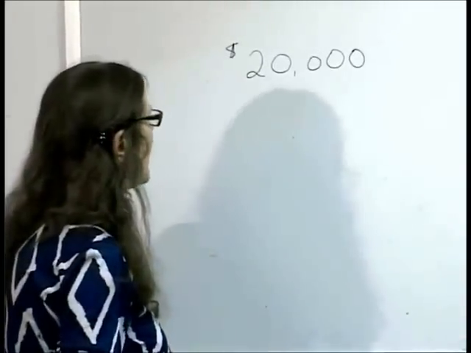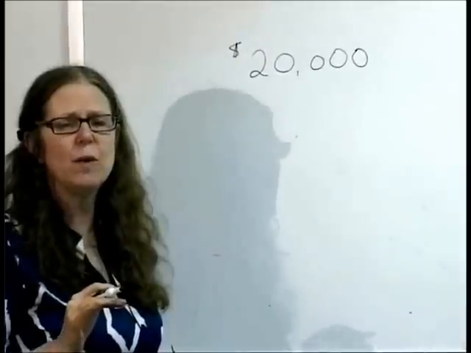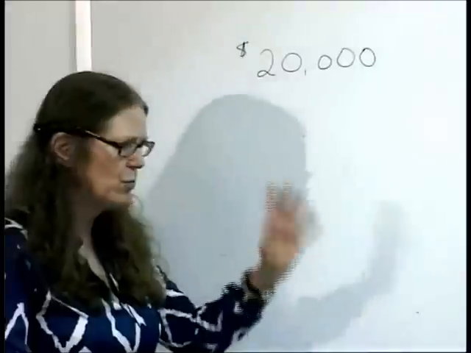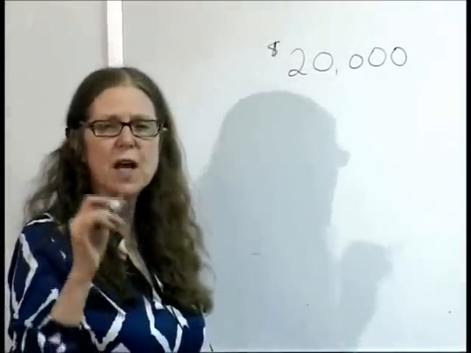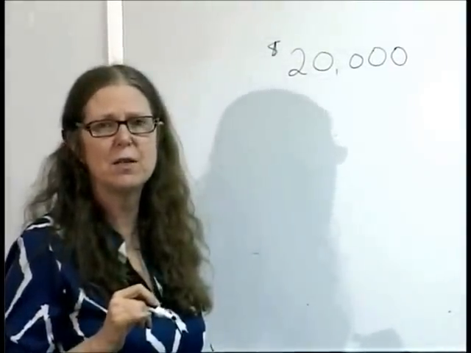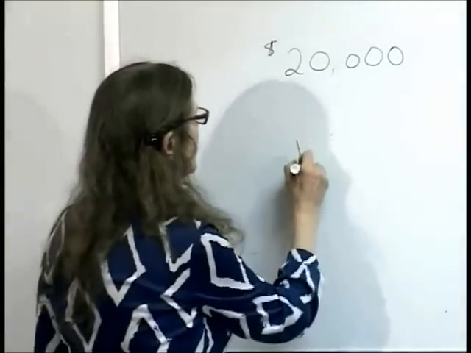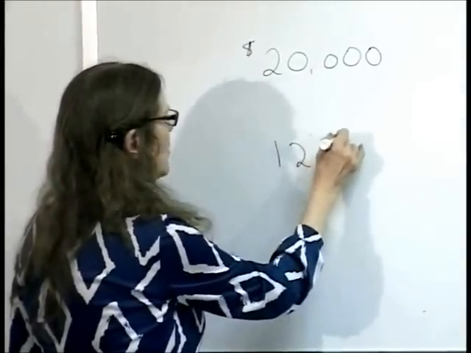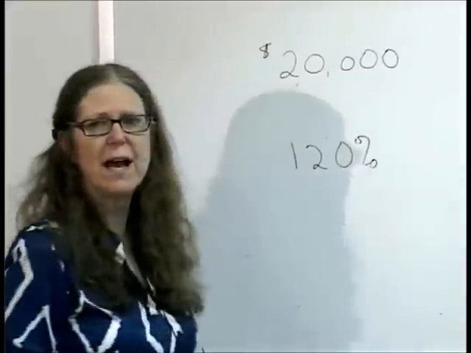So suppose I said that I'm going to offer this to any family of, let's say, 2 people, whose income is 120% of the poverty level, or less than that. 120% of the poverty level. And poverty level is 20,000.